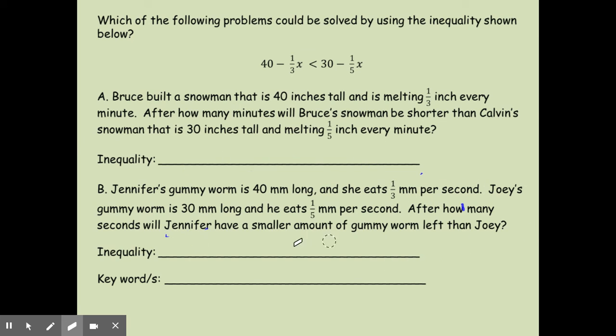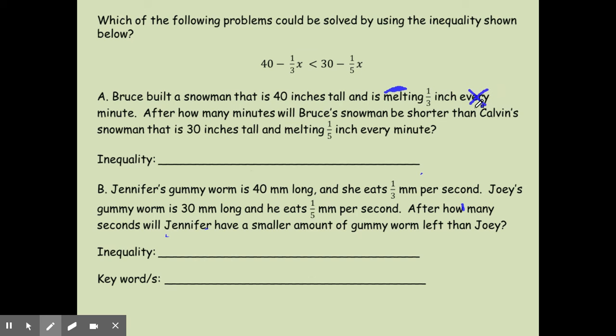Okay, so A, Bruce built a snowman that is 40 inches tall and is melting. So if it's melting, is my snowman going to be getting taller or smaller? So melting tells me I'm getting smaller, so subtracting 1/3 inch, a third of an inch every minute.